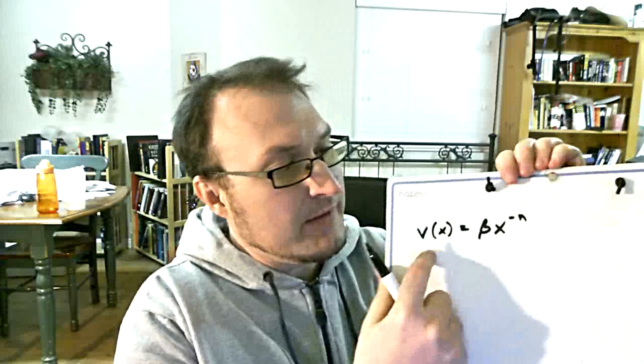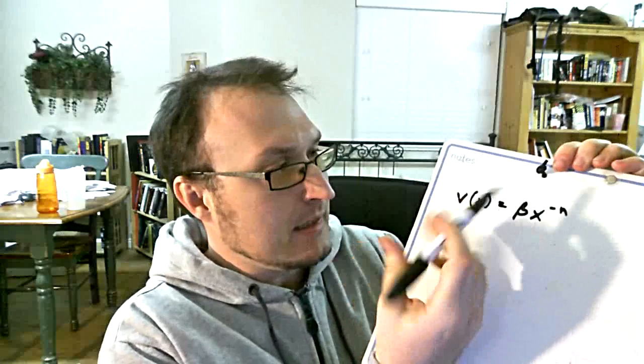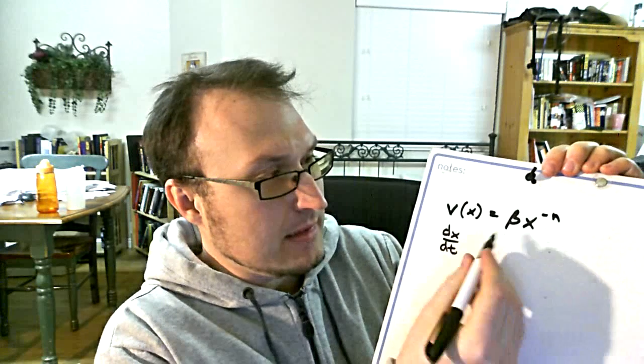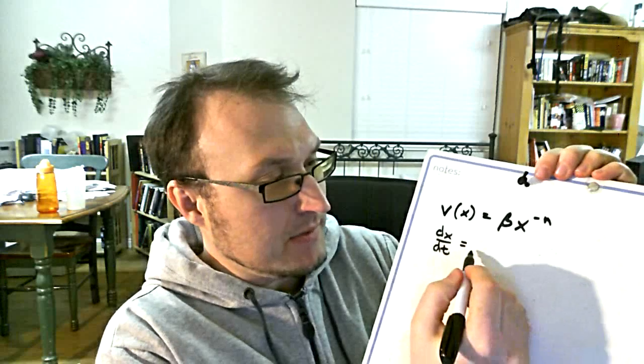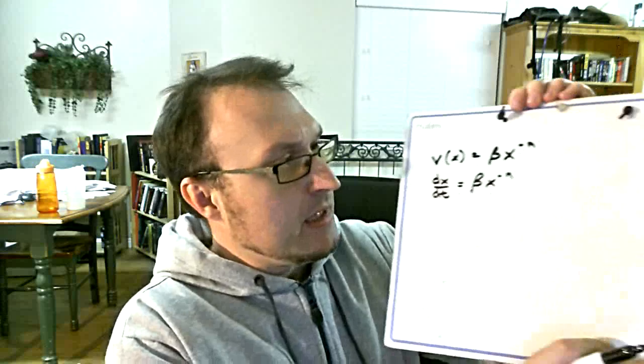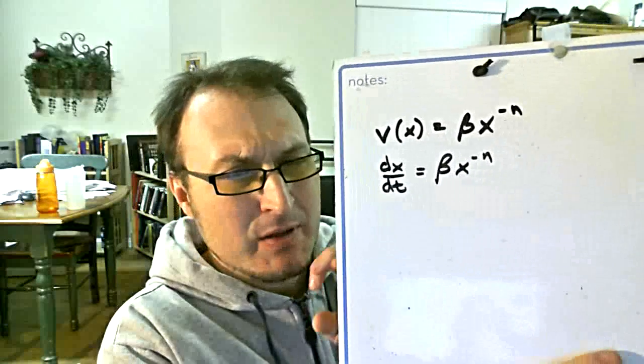But the way that I solved this problem is right off the bat I looked at it: it's a function of x, but I know also the velocity is going to have to be dx/dt. That's the velocity equals beta x to the negative n.